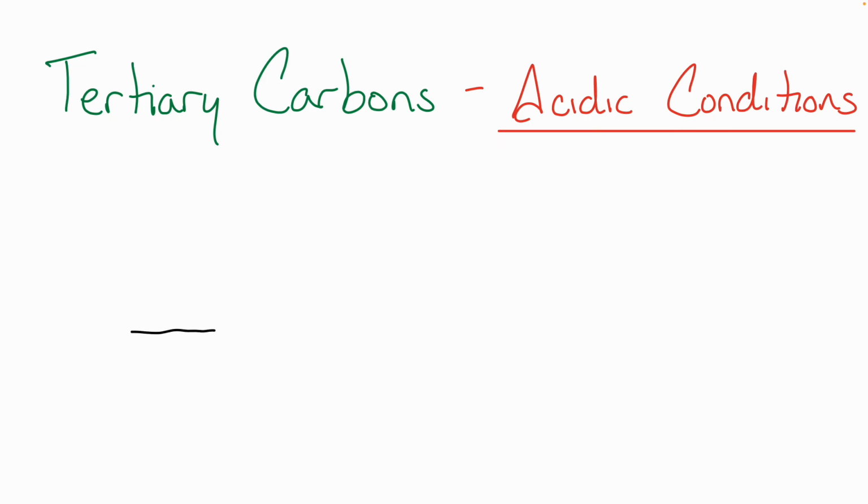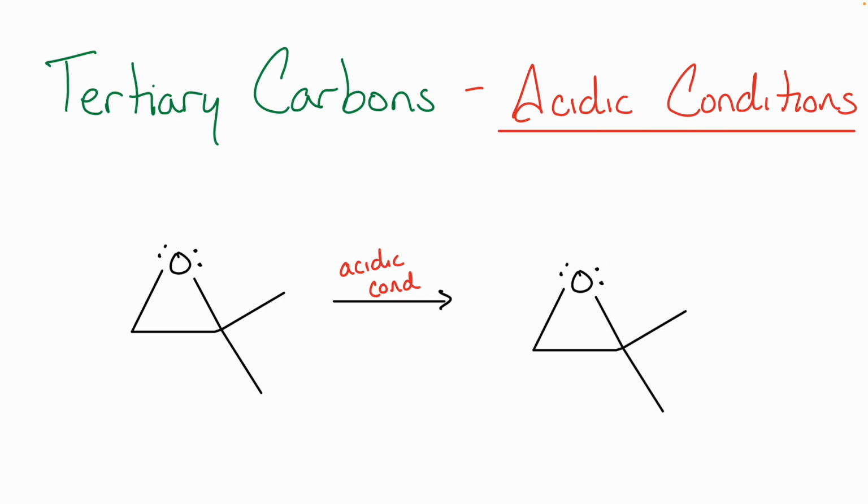Right? If we take a tertiary epoxide, or rather an epoxide that contains a tertiary carbon, and we put it under acidic conditions, we're again going to see the same thing that we saw before, where we protonate that oxygen. All right.